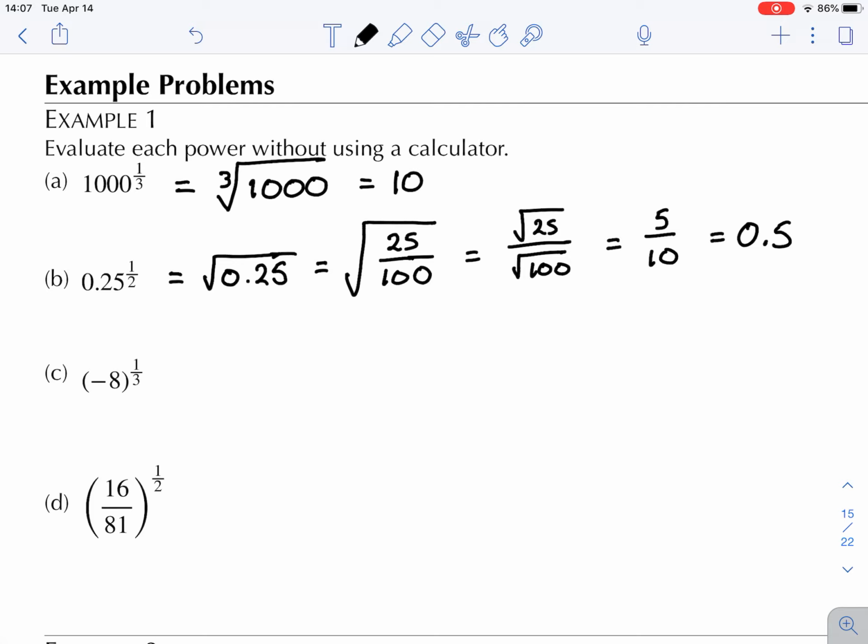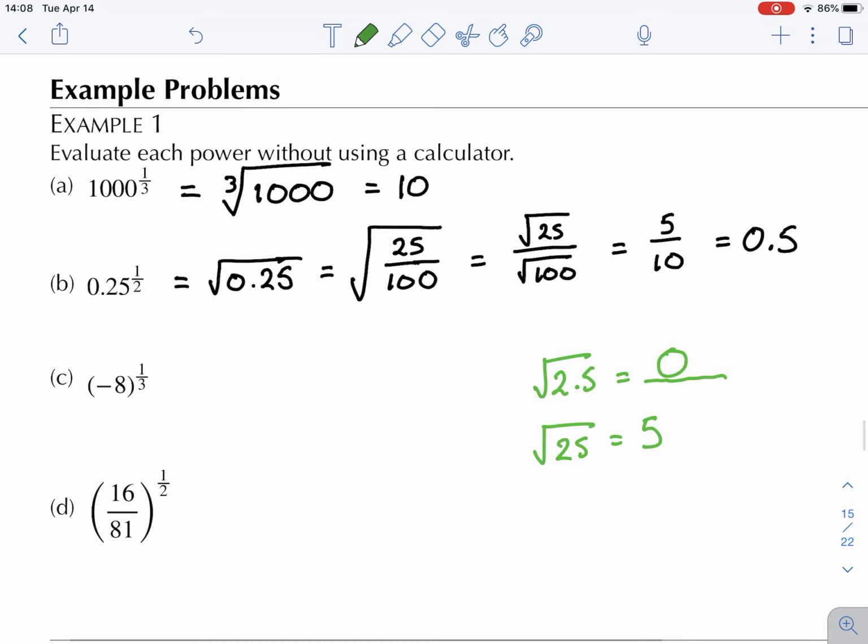Now, I'm going to make a mention of this because this is quite interesting. Let's look at the square root of 25. I'm going to do this just as an aside, and I'm going to erase it in just a moment. The square root of 25 is equal to 5. The square root of 2.5 is equal to some weird irrational decimal number.